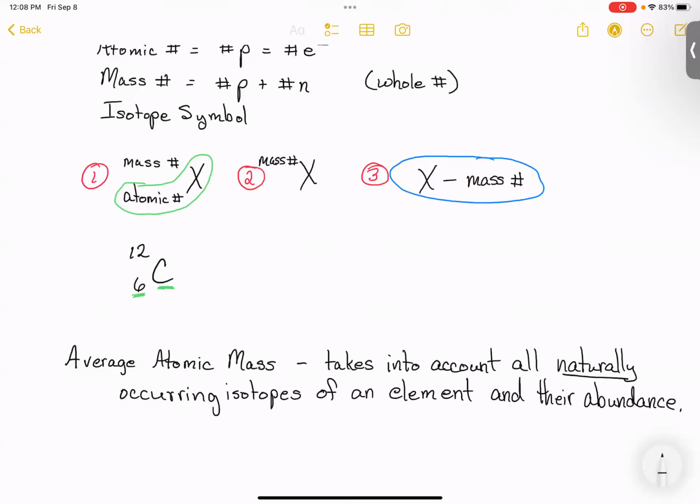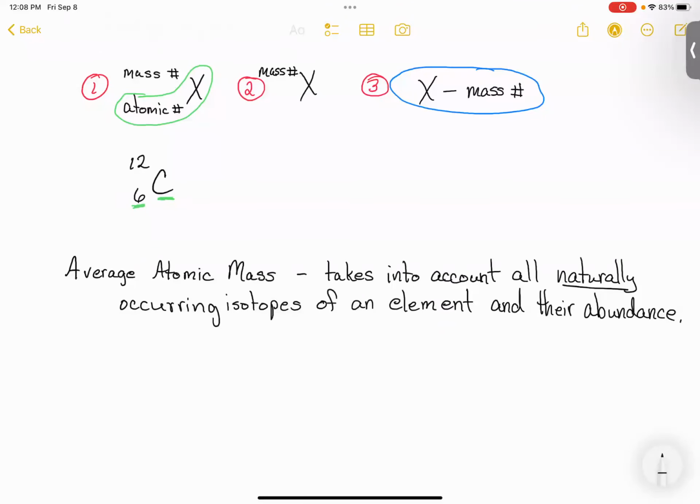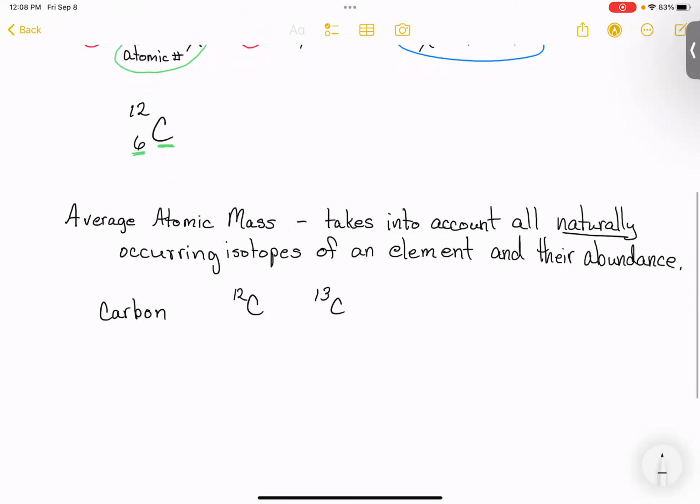So I mentioned a minute ago with respect to carbon, carbon has two naturally occurring isotopes. It has carbon 12 and it has carbon 13. If I were to look at potassium, potassium has three naturally occurring isotopes, K39, K40, and K41.